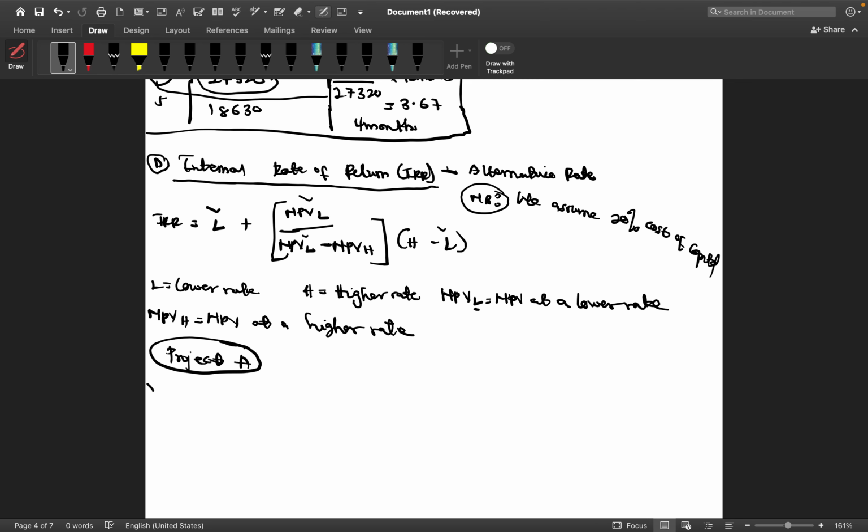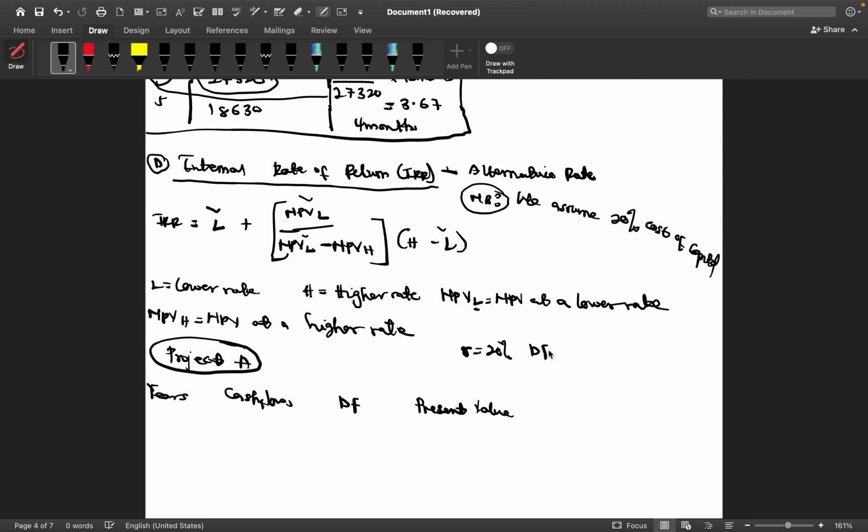So I'm starting. Here I have cash flows, I have DF, discount factor, then I have present value. So remember, now the R is 20%.